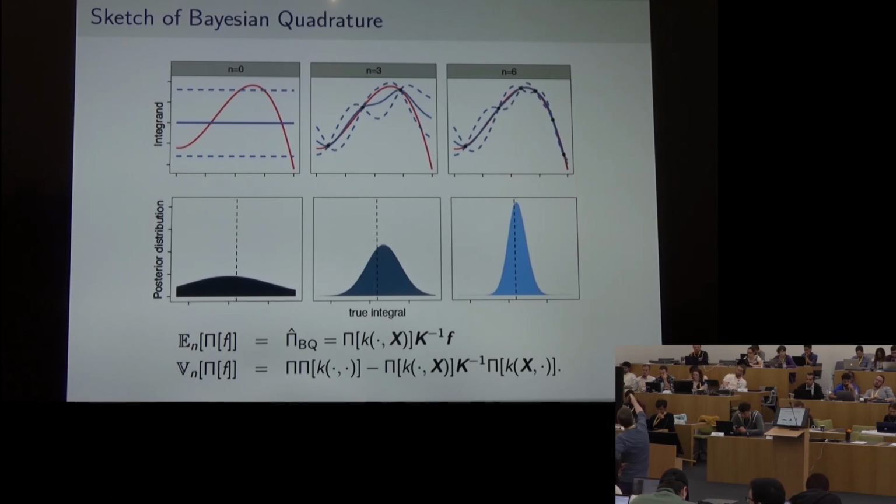We've got a weighted sum of the evaluations of the integrand. So the W_i's come from the choice of the covariance operator and the choice of the abscissa, so the points at which you evaluate the integrand. So that's where the W's come from.